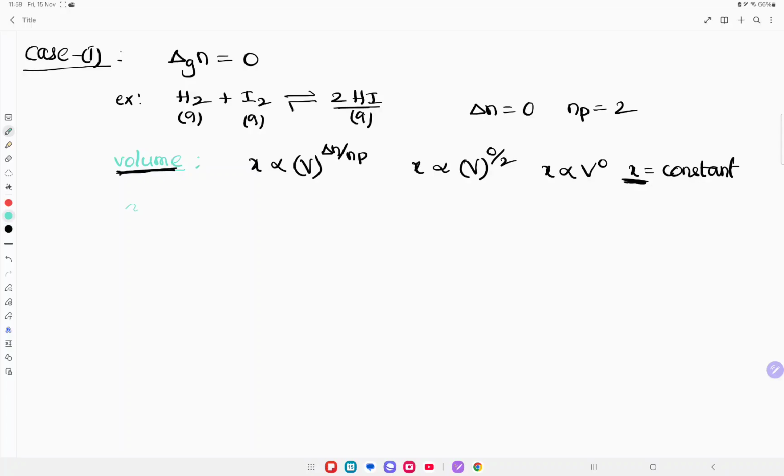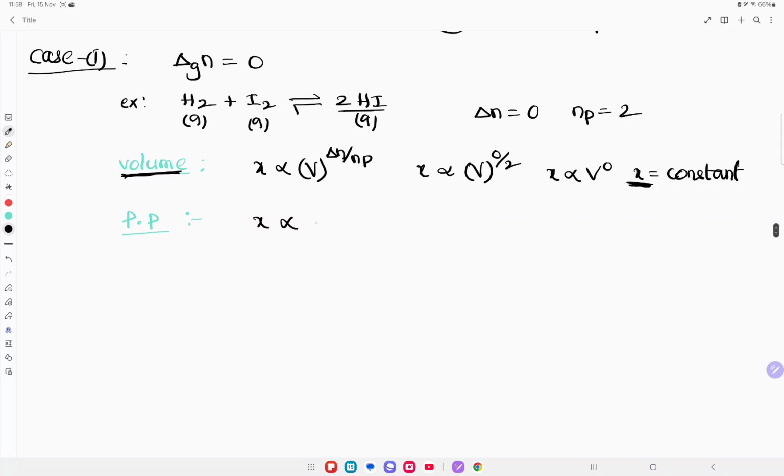Next, pressure effect, the effect of partial pressure. X, the number of moles of reactant molecules dissociated, is proportional to 1 by P power delta n by Np.